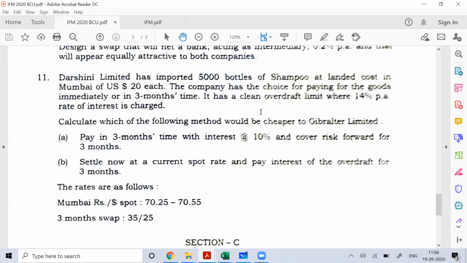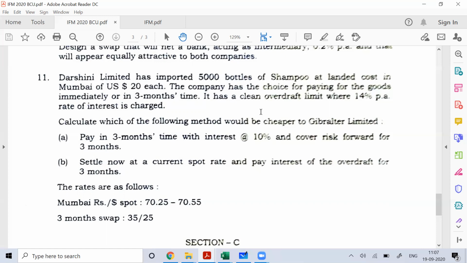So here what I can assume is that if they try to pay right now, immediately, for the import they have done, they'll borrow money from the overdraft account, and for that they have to pay 14% interest. Okay, so 3 months, and 14% per annum. If you calculate for 3 months, that would be around 3.5%.